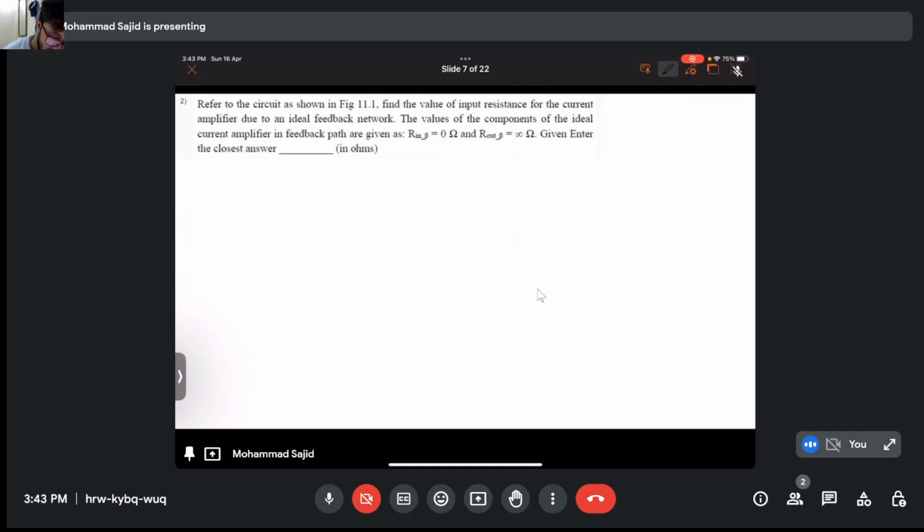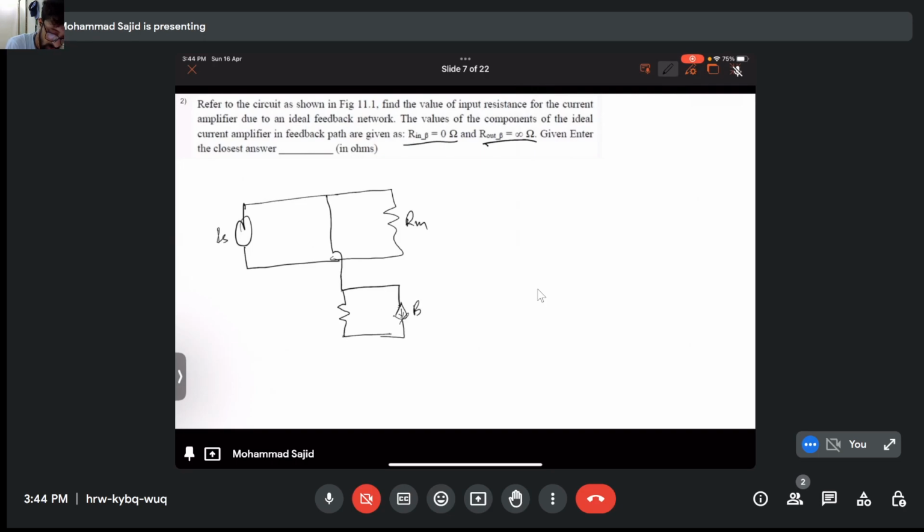Now we're told to find the value of the input resistance of the current amplifier with the ideal feedback network. The values, as we said, for ideal cases are 0 and infinite. Let's start. We have this as Is, this is Rin, beta Ix. This is infinite, so don't worry about it.